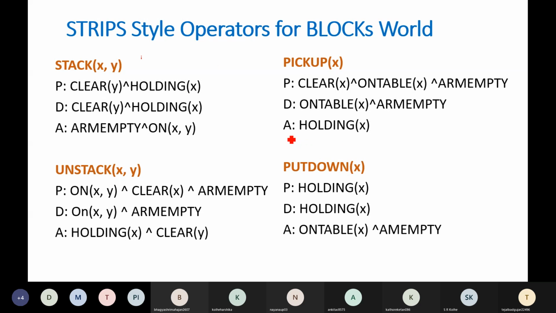Holding C, look at this. This one is one candidate and this one is another candidate. Either you can perform the Pickup X operation or you can perform the Unstack XY operation. There are two candidates now. Understood? So the program will find out that it has to perform either the Unstack XY operation or the Pickup X operation.